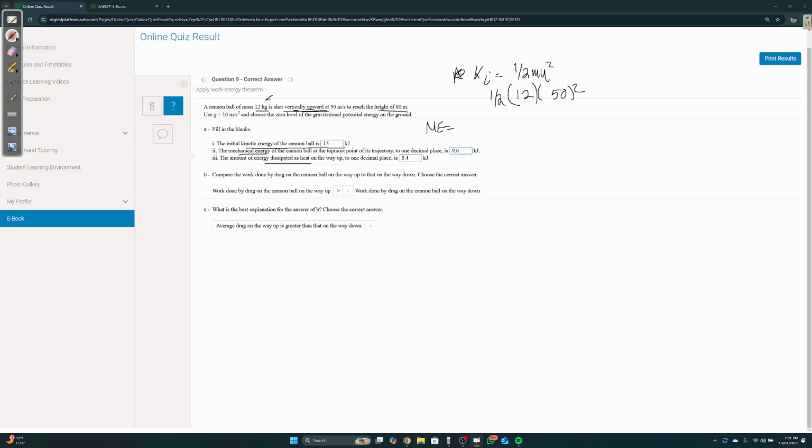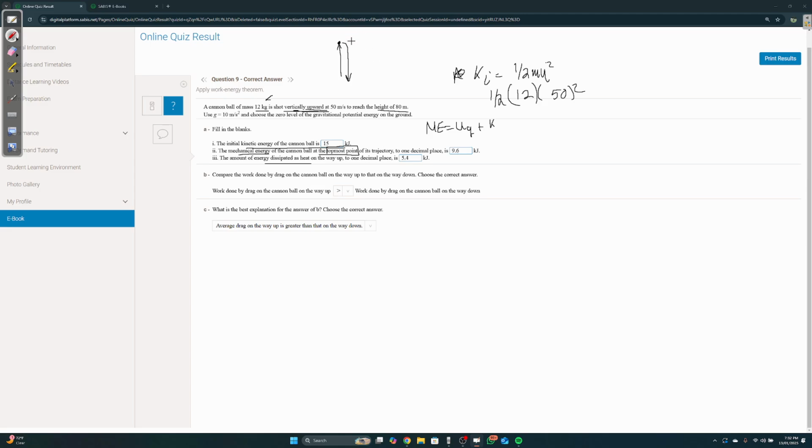Mechanical energy is equal to U gravitational plus kinetic energy. Since we're not working with a spring, there's no U elastic. They're asking for the mechanical energy at the topmost point of its trajectory. At the top point, am I still moving? No, I stop for a second and then go back down, right?